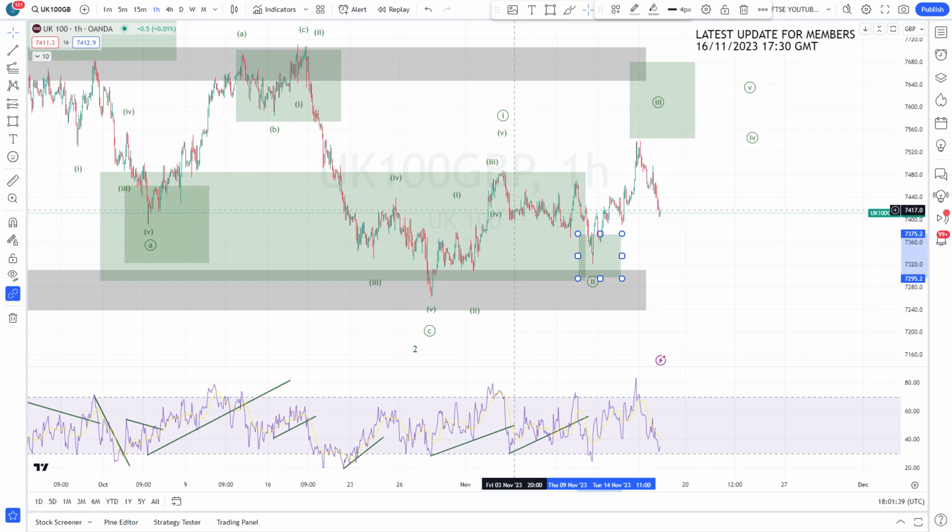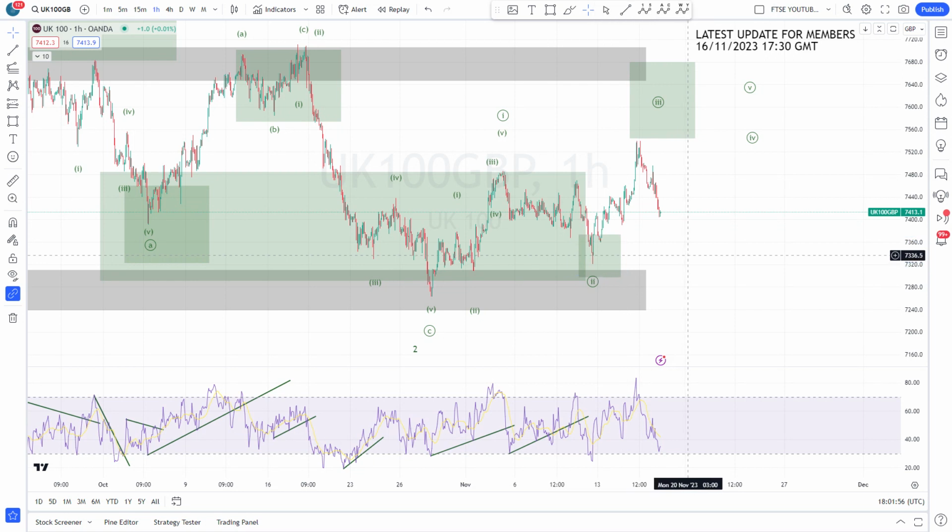So in the meantime, I took off the count with the wave 4 because we clearly went deeper. So this can here be a wave 2 down, after this being an impulse, wave 1, then wave 2 down, and then I would say, if this is wave 2, we might start an impulsive wave 3 to the upside. As you can see, we went to the equal leg area.